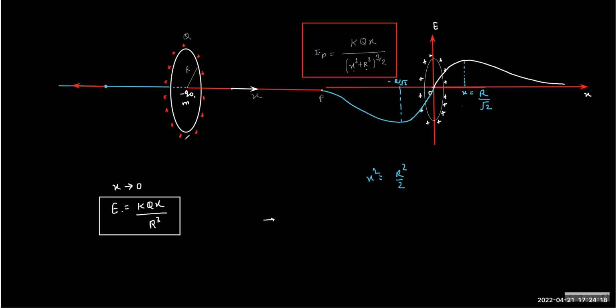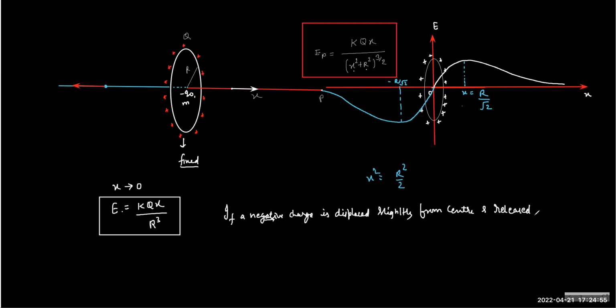So if I make the ring fixed, and if the charge is displaced along the axis slightly and released, if a negative charge is displaced slightly from center and released, then find the time period of small oscillation.